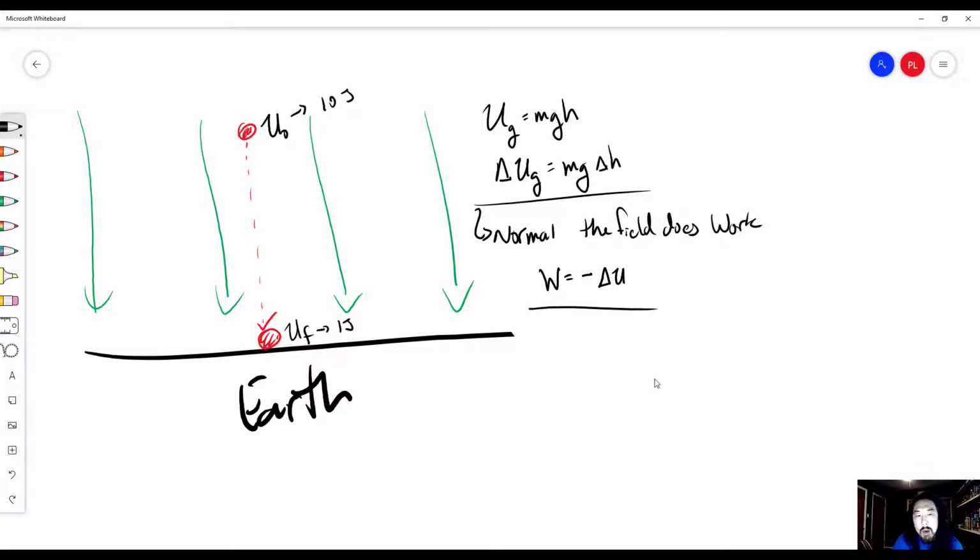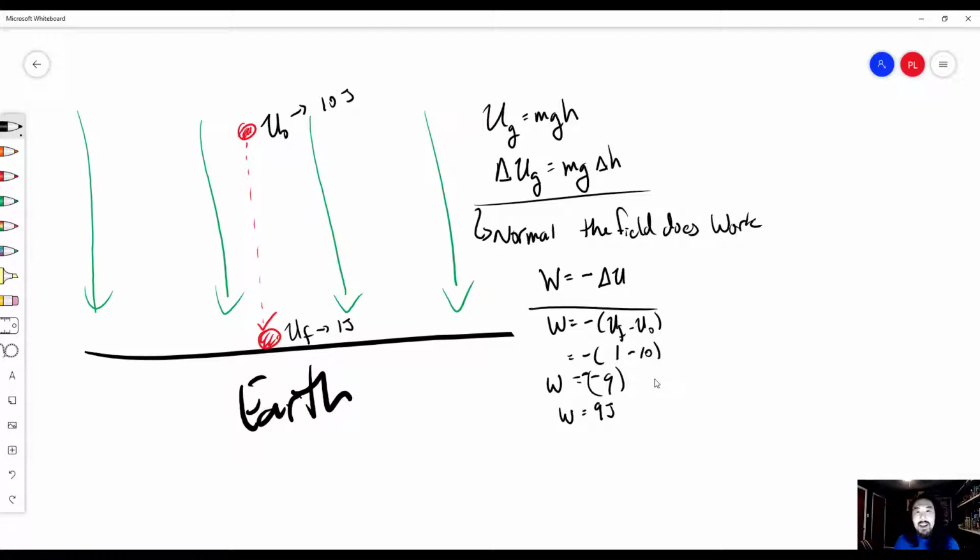Now work is equal to negative delta U, and delta means final minus initial, so we do U final minus U initial. U final would be 1, U initial will be 10. 1 minus 10 gives us negative 9, and of course there's a negative in front of it. So it turns out that the field did 9 joules of work.